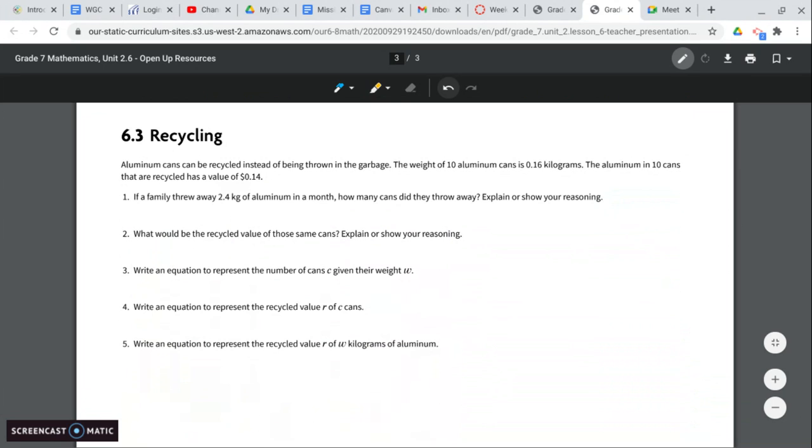We know that 10 cans is 0.16. So 2.4 is 0.16 times 15, and 10 times 15 equals 150.